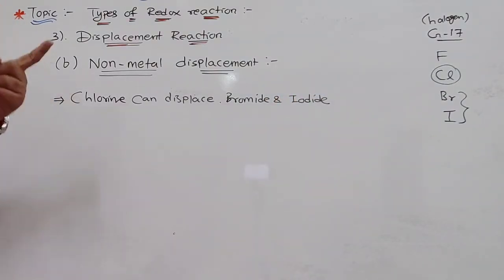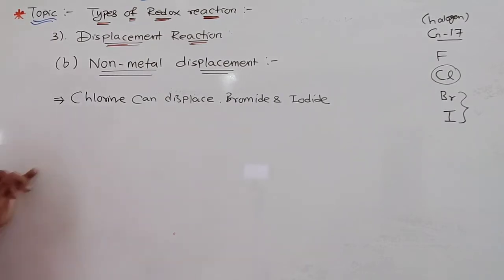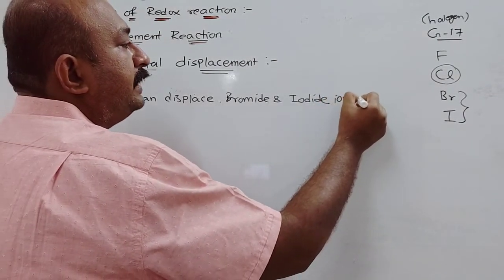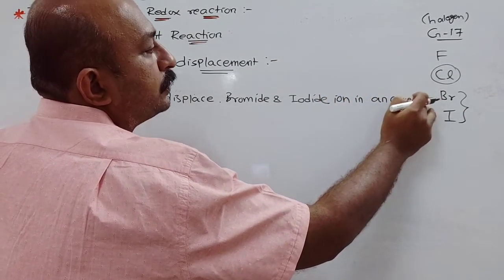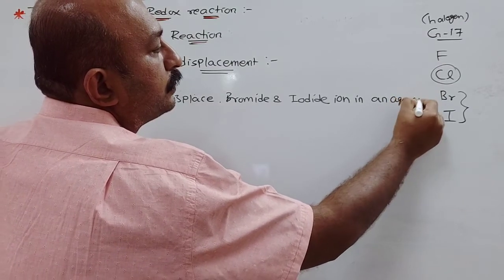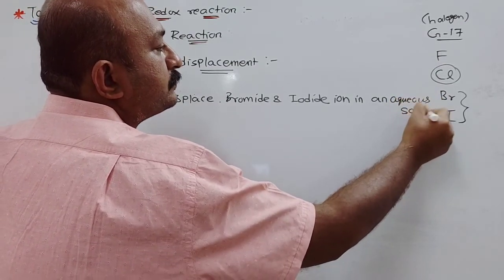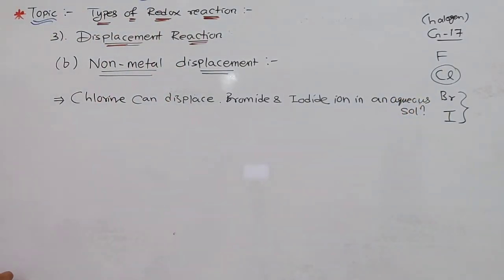Chlorine can replace them because, if you see in the order, chlorine comes first. So chlorine can displace bromide and iodide ions in an aqueous solution. Okay. Now for that, one example is given.